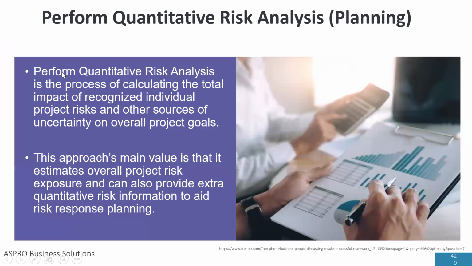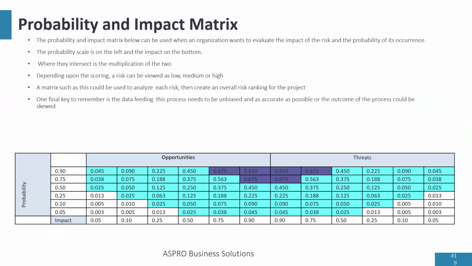So qualitative risk analysis helps us to rank our risk. And this is what the probability and impact rating matrix, which means once you've identified the risk, then you rank it high, medium, low. Now, the reason you need to rank risk is because you need to prioritize.